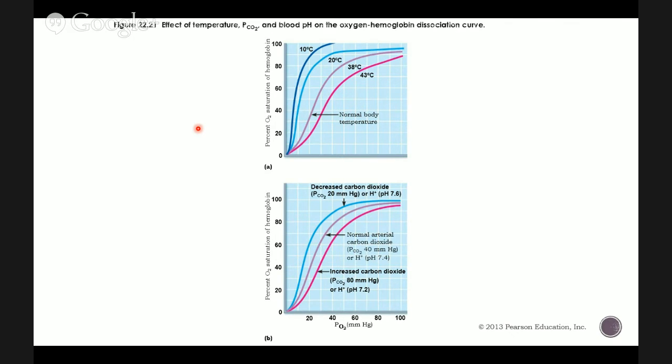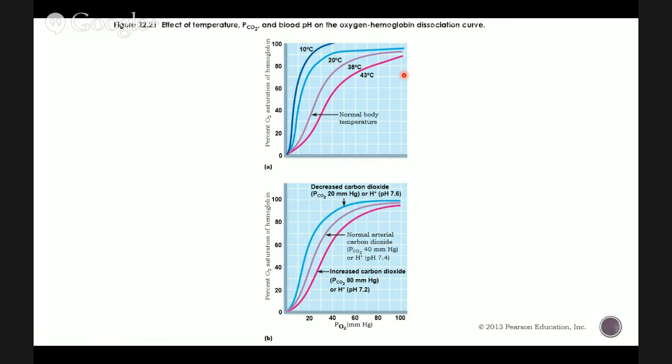Exactly. So what they're saying here is that at normal body temperature, we have a certain affinity for oxygen depending on the partial pressure. But you can see that if the body temperature increases, that percentage drops. So the higher the body temperature, the more likely hemoglobin is to let go.